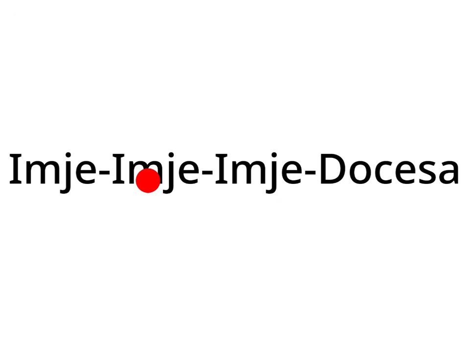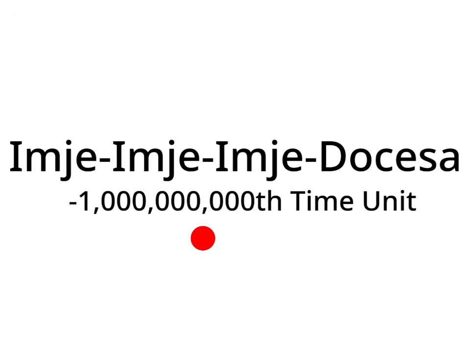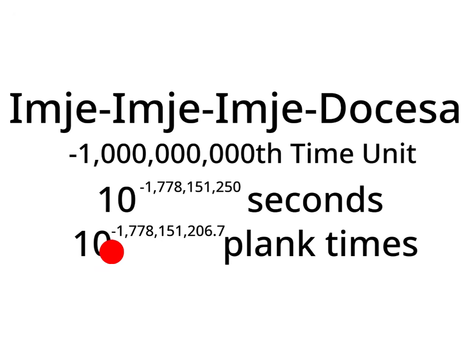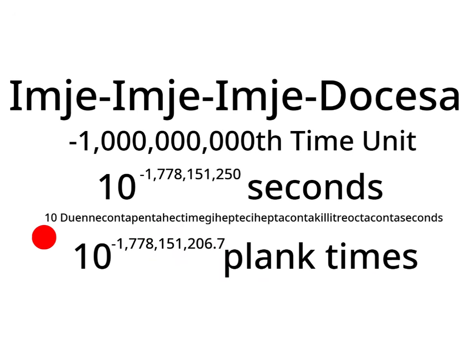So just for fun, what's an mg Cesar? Well, that's a negative 1 billionth time unit, 10 to the power of negative 1,778,151,250 seconds, 10 to the power of negative 1,778,151,206.7 Planck times, which is also equal to 10 duodeconta penta hecti megi heptesi hepta conta kilitreocta conta seconds.